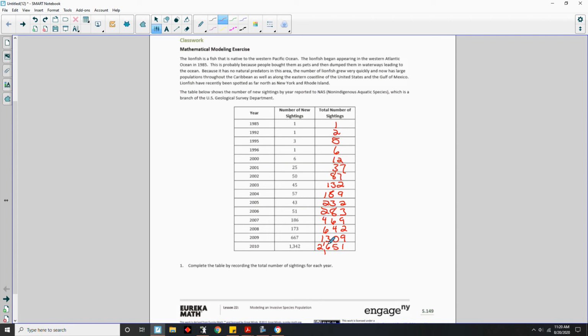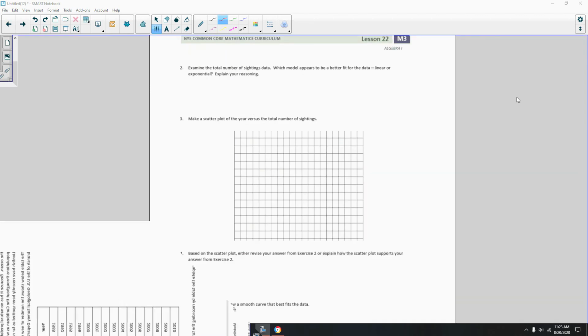So from 1985 all the way up to 2010, inclusively, there were 2,651 total sightings. So it says complete the table by recording the total number of sightings for each year. So we just did that.